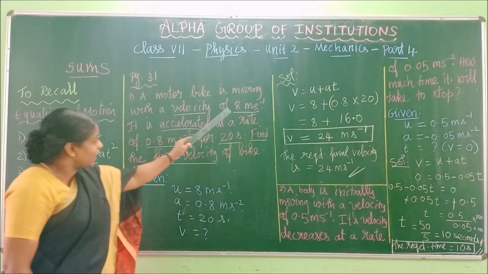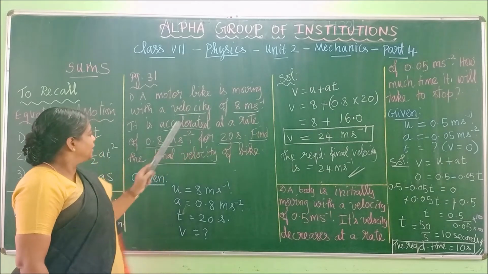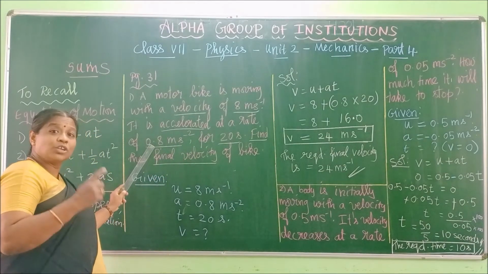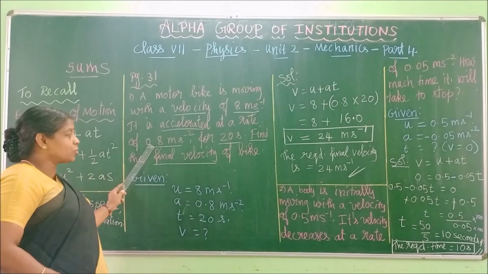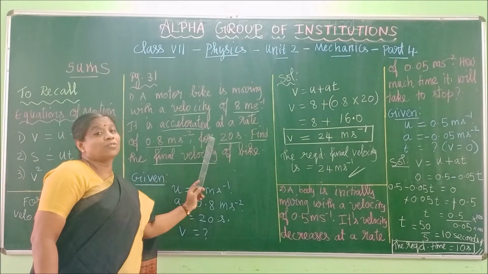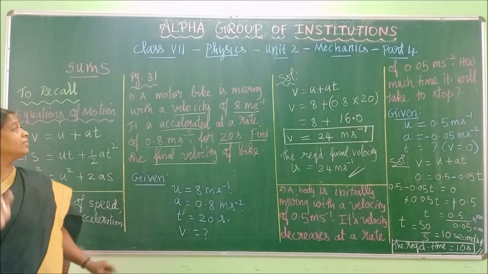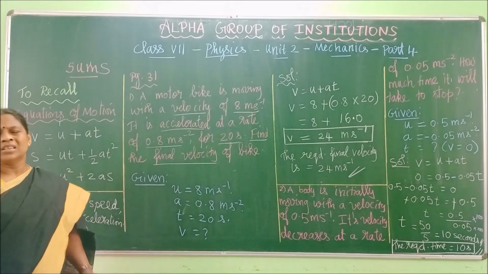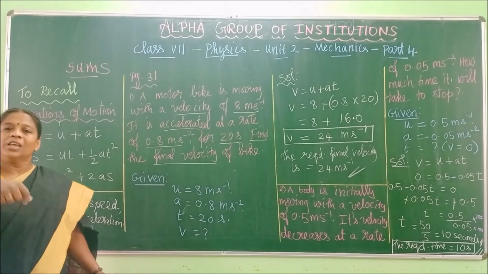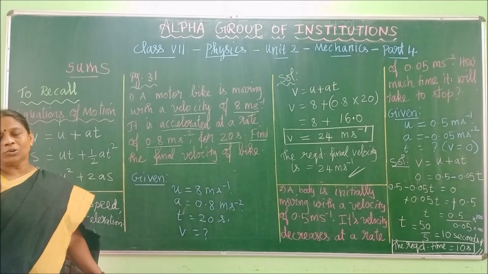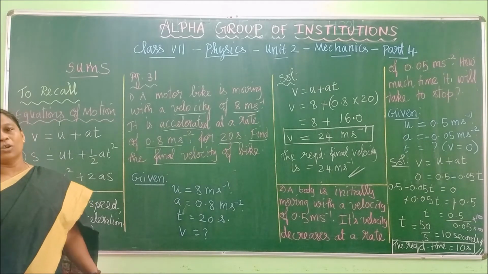So from 8 meter per second, it is getting increased at a rate of 0.8 meter per second square for how many seconds? For 20 seconds. So if it is accelerated, what will be the final velocity of the bike? Simple, children.